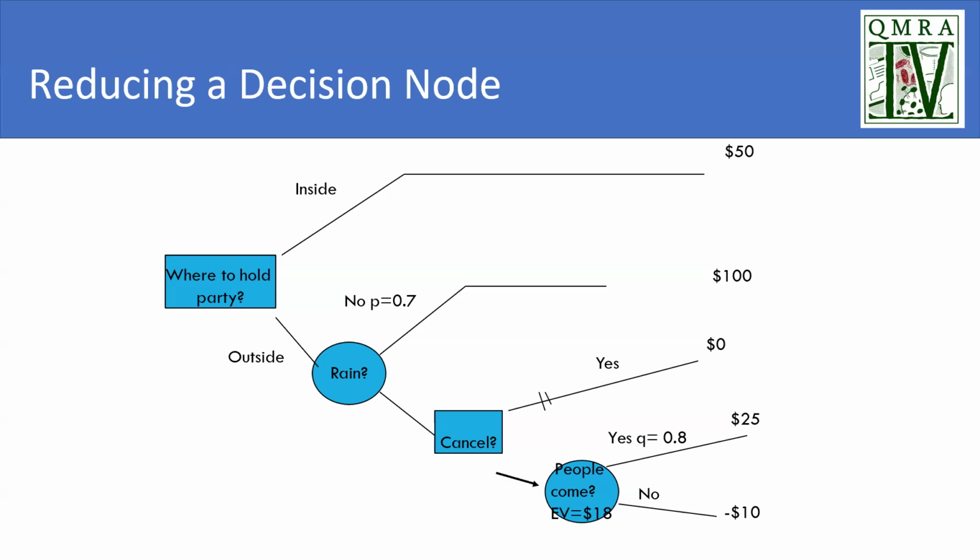Based on this expected value, we would compare that $18 to $0 for canceling. And that allows us at this decision node to make a decision not to cancel the party. So we can cross out the yes, cancel, because that will result in less than $18, which is the maximum expected value here.